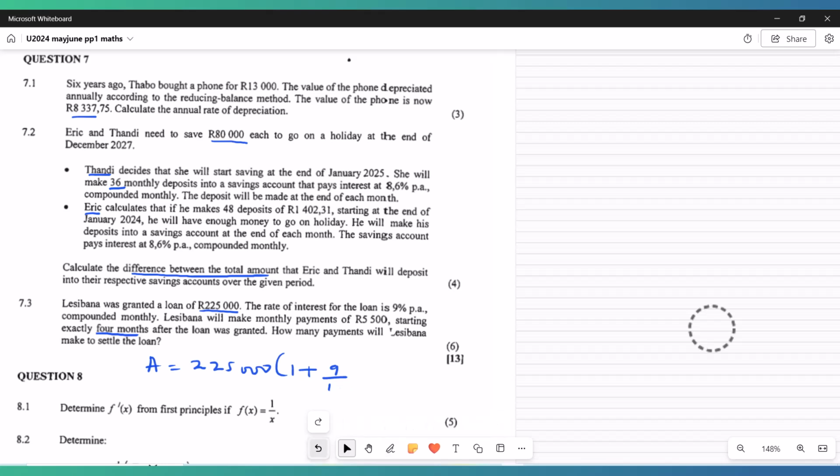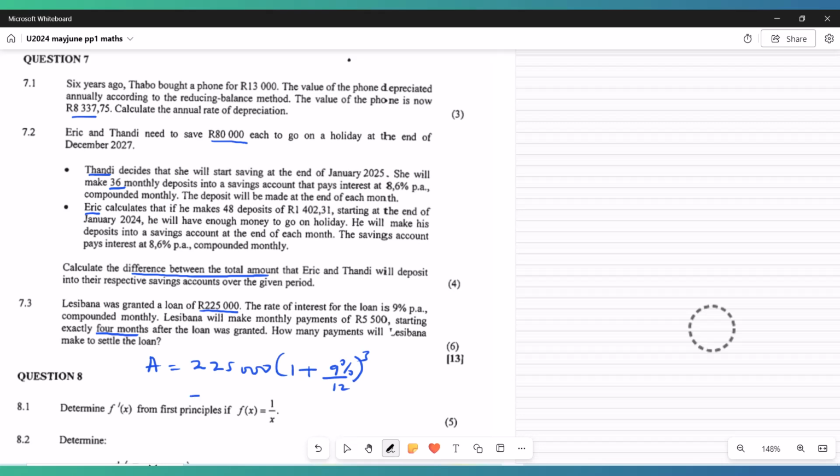So I better say 9% divided by 12. Now, for how many months was that? It was 3, because he did not pay for the 4 months, so we only take out 1 month, then the 3, and the money must grow.